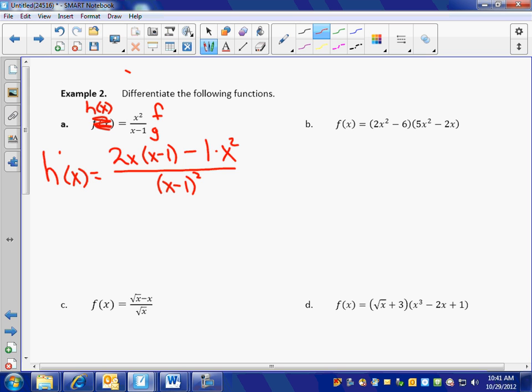And always leave the bottom expressed as a square because you might have a chance for something to factor out. That's it. That's all we do.